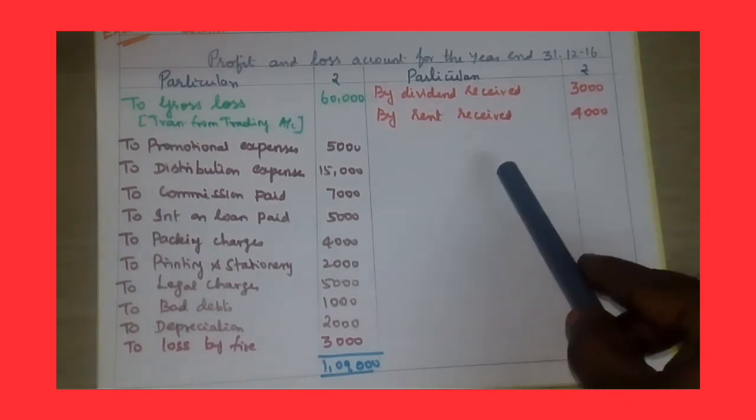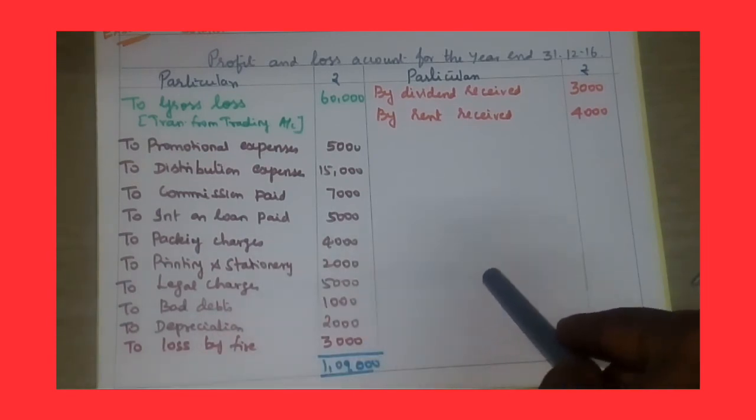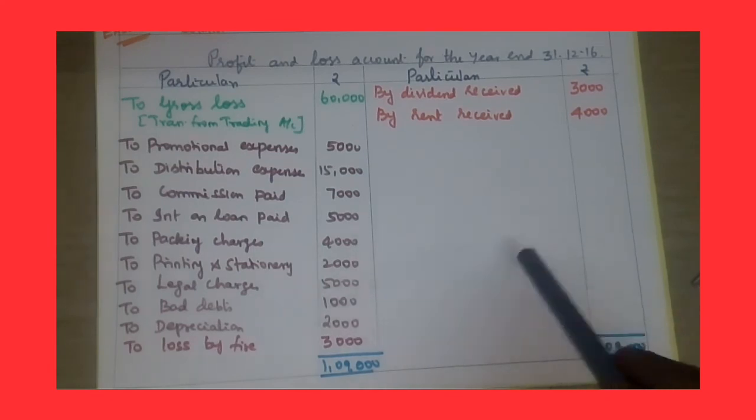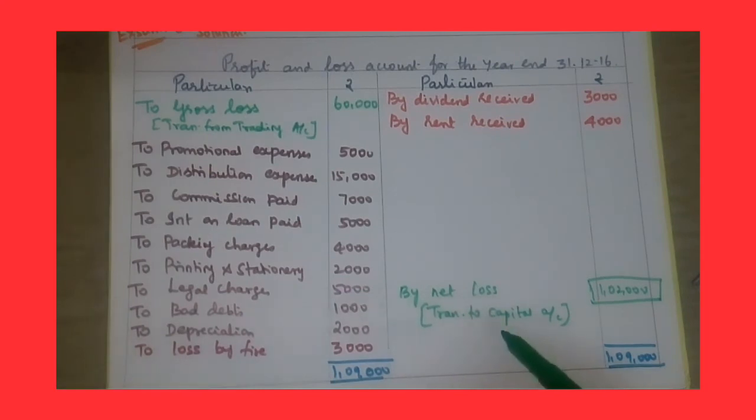So if it is in the excess of debit அப்படின்னா this becomes a loss, that is net loss, and this net loss will be transferred to the capital account. Okay, this 1,02,000. So this is how we have to write. Excess of debit over credit gives you the net loss, and this will be transferred to the capital account 1,02,000.